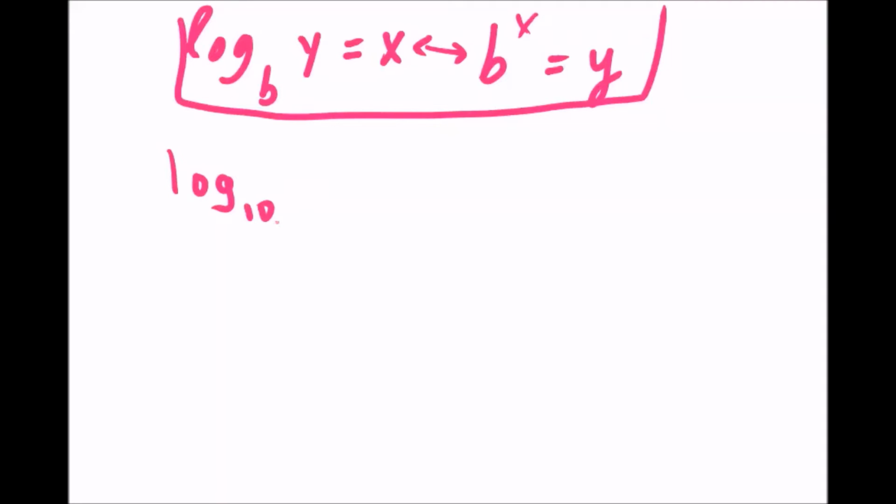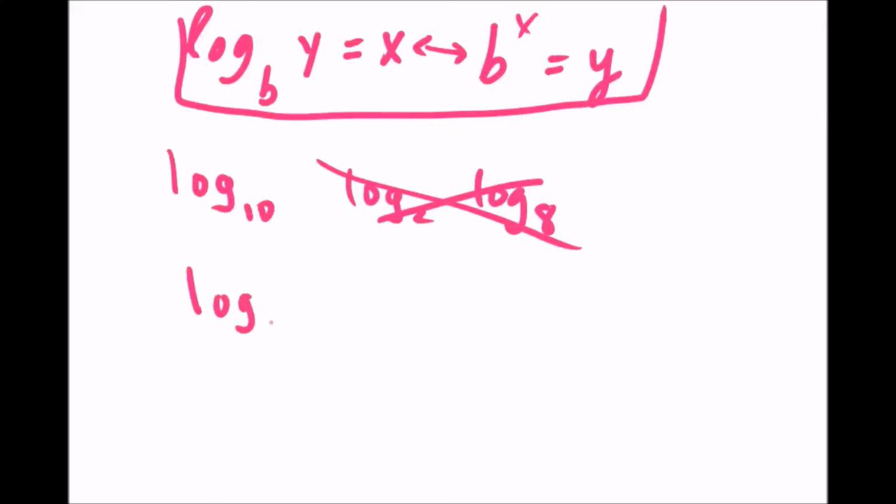If you see anything else, like log base 2, log base 8, it can't evaluate these. So you're really not going to be able to rely on your calculator here. The calculator only understands log base 10 of y equals x, and it understands the inverse, 10 to the x equals y. But it can't do anything else.